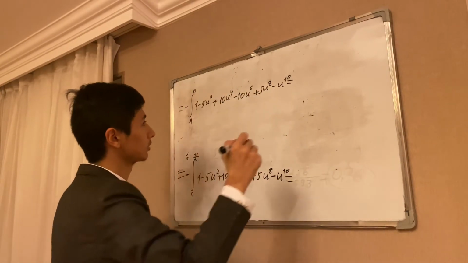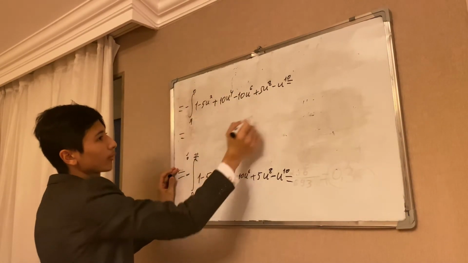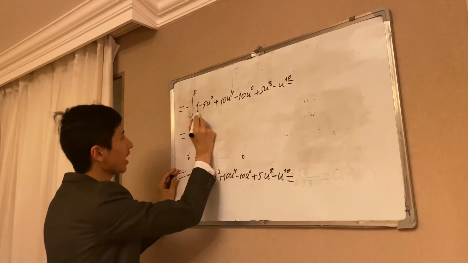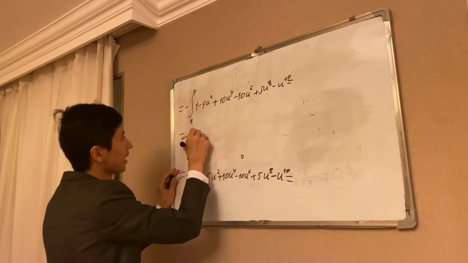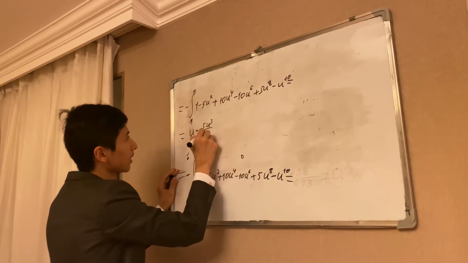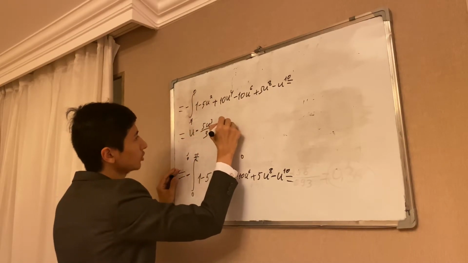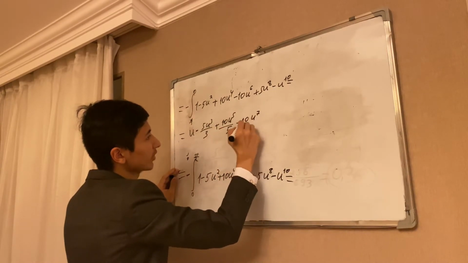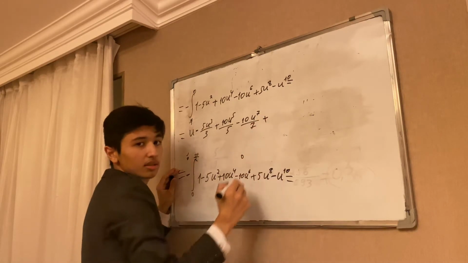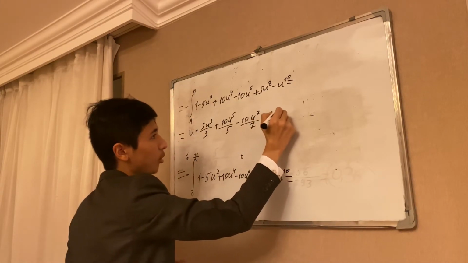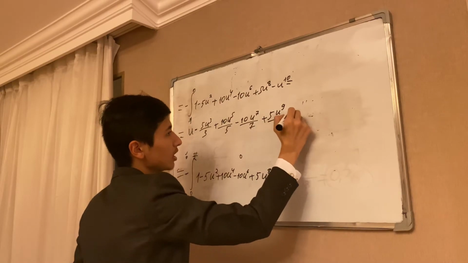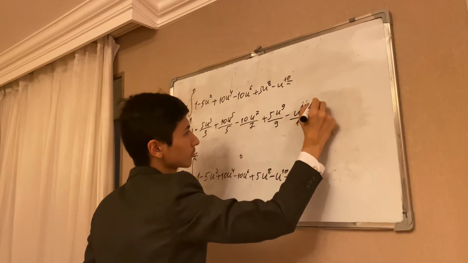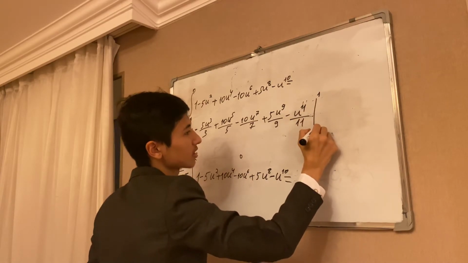So now we have to find the antiderivative of this expression. It will give us u minus 5u to the power 3 divided by 3 plus 10u to the power 5 divided by 5 minus 10u to the power 7 divided by 7 plus 5u to the power 9 divided by 9 minus u to the power 11 divided by 11, from 0 to 1.